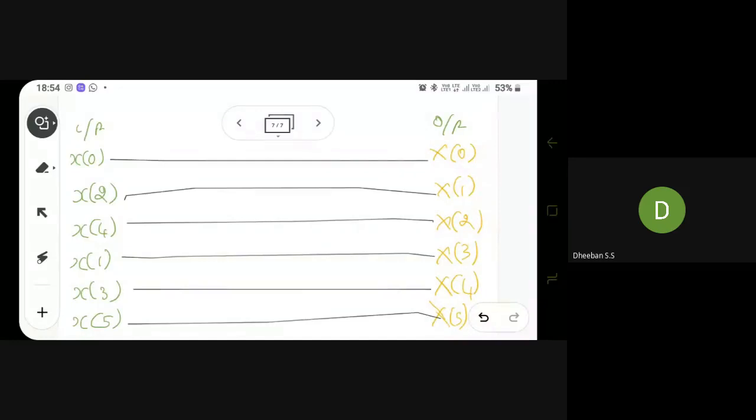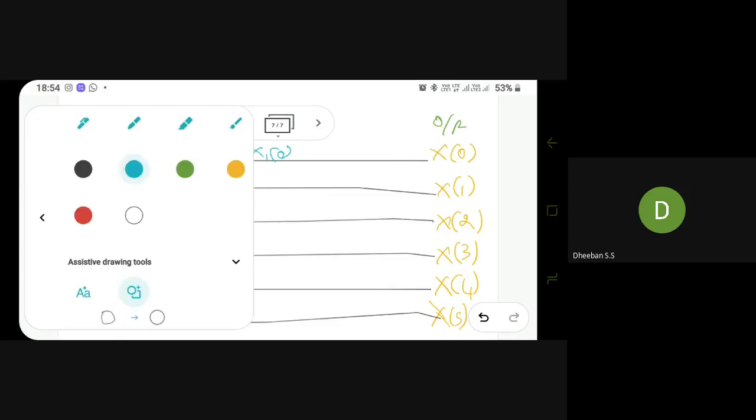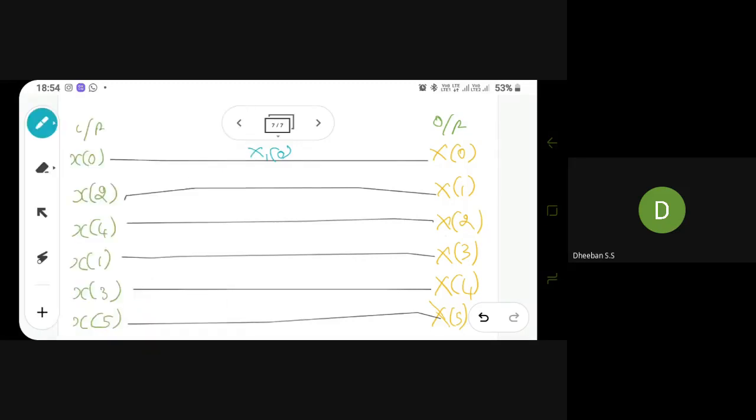This is the final stage, so intermediately there will be another stage, which is given by x1 of 0, x1 of 1, x1 of 2, x1 of 3, x1 of 4, followed by x1 of 5. This is what you are really getting.